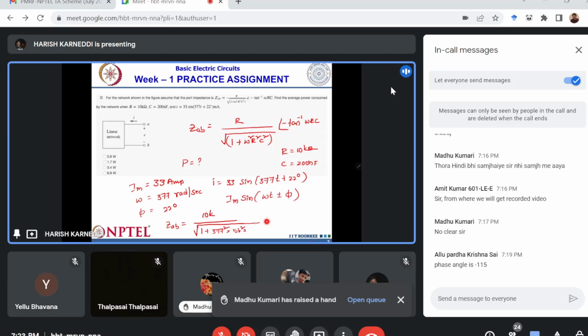What is the C value? 200 nanofarads, 200 into 10 power minus 9, whole square, at an angle of minus tan inverse of 377 into 10k into 200 nanofarad.